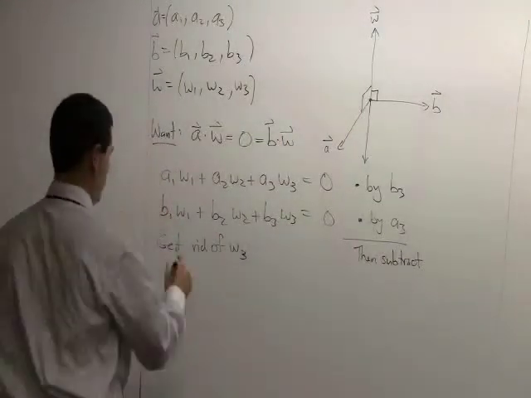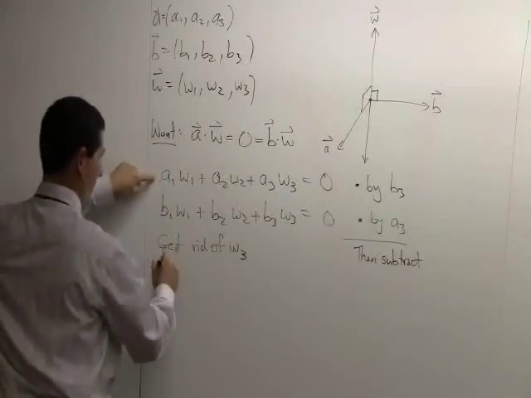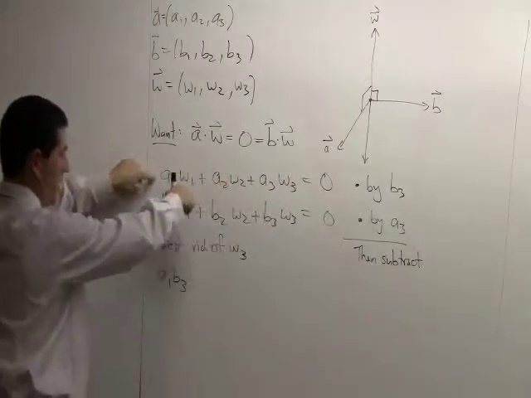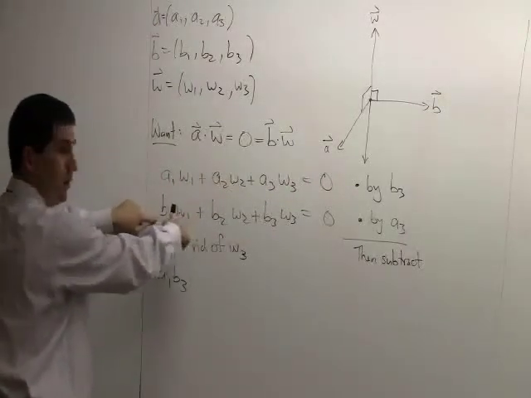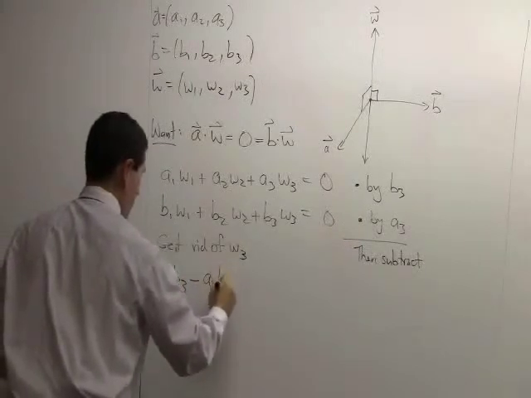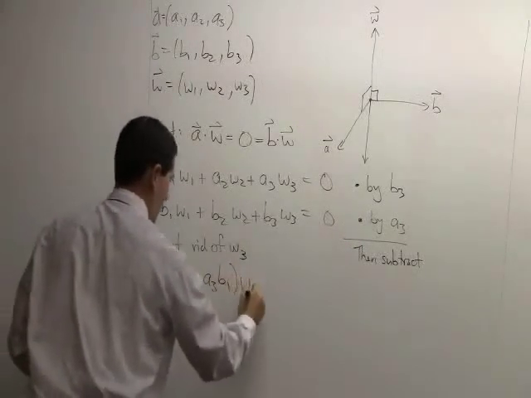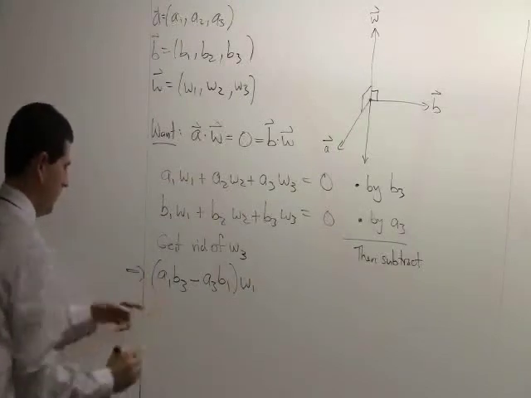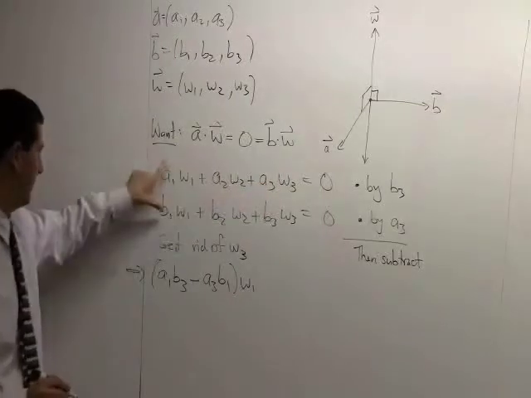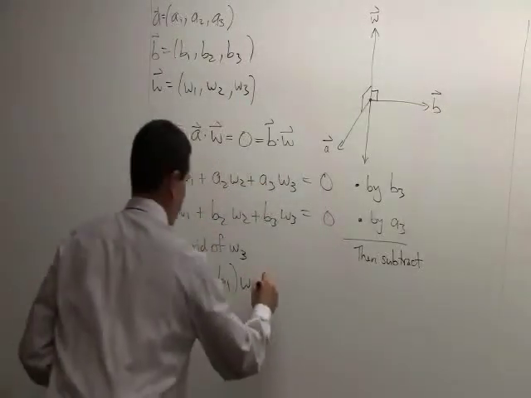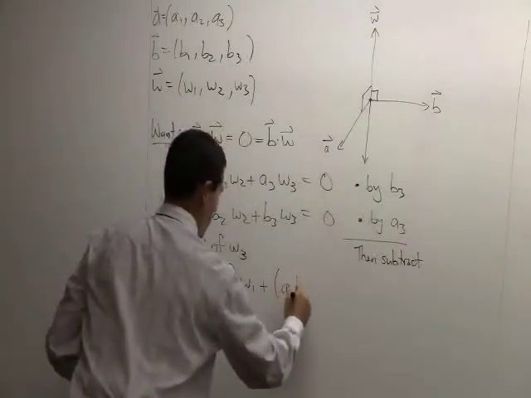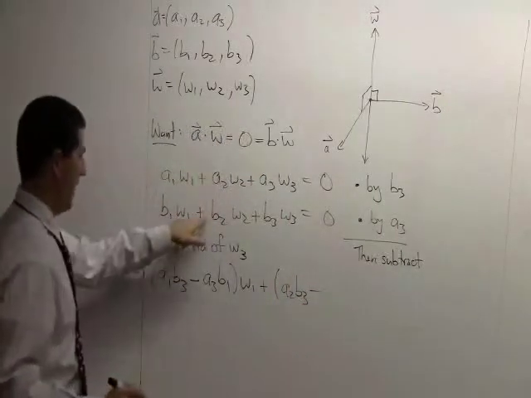And what happens to the first two columns? Well, the first one, let's see, I get A1 B3 W1. And then this is A3 B1 W1. I can factor a W1 out of that, so minus A3 B1 W1. Okay, so that's what happens when I subtract these after multiplying. And then the second one, I get A2 B3 minus A3 B2.